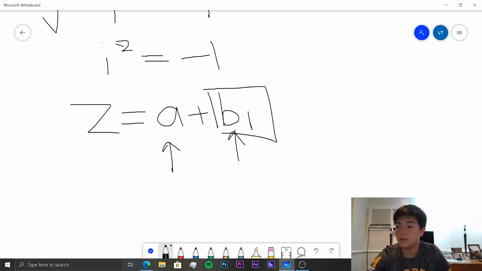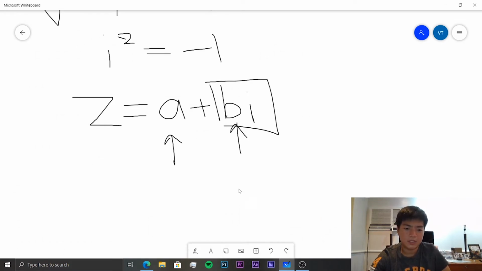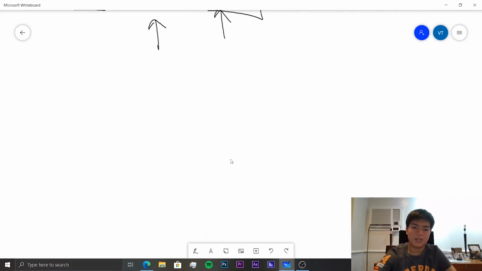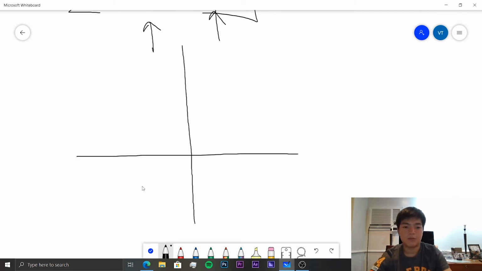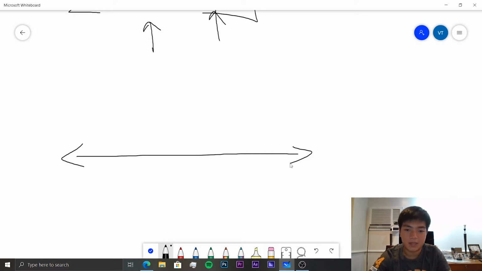So we need to also look at complex numbers geometrically, and I think we'll get into this more later. But if you imagine, originally we only have the real number line here. It's like 0, 1, 2, 3, -1. But to express complex numbers, we need to add another axis to this line. We need to draw a vertical axis representing all of the complex numbers.